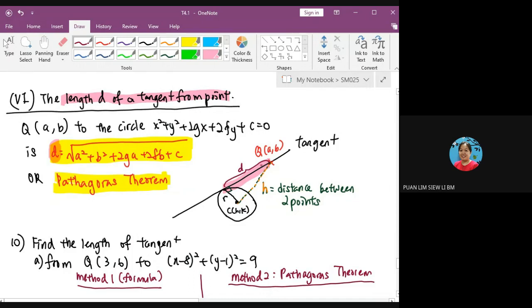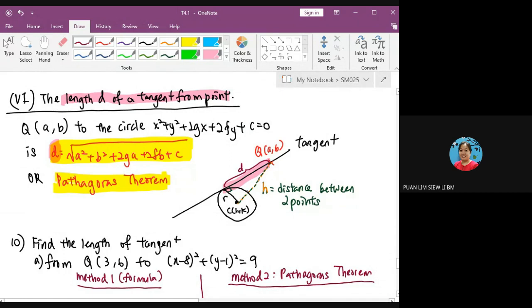So we have two methods to do. First, we memorize the formula of this distance, the length of tangent. Or we can use the Pythagoras theorem. If you want to use Pythagoras theorem, you need to find out what your radius is. Since the tangent to the radius is always 90 degrees, they form a right angle triangle.